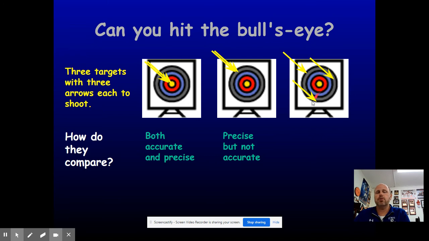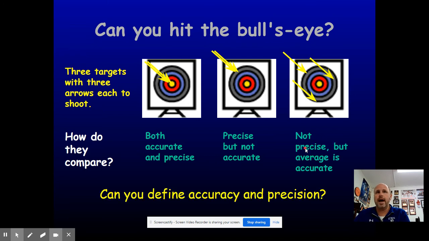So these 3 throws as a group are actually accurate, even though individually they're terrible. If you collectively average the location of all 3 of them, they would be considered an accurate grouping of measurements.